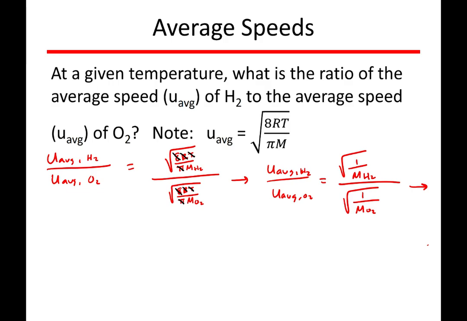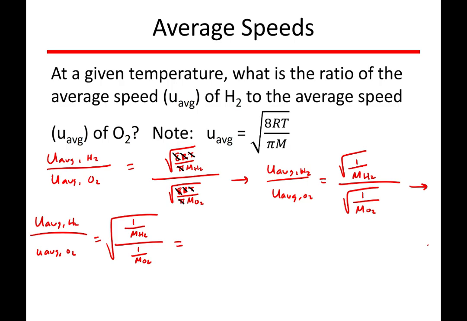When you have the square root of everything on the top over the square root of everything on the bottom, you can just say that's the square root of everything. So U average for the H2 over U average for the O2 is just one big radical: the square root of 1 over MH2 over 1 over MO2.